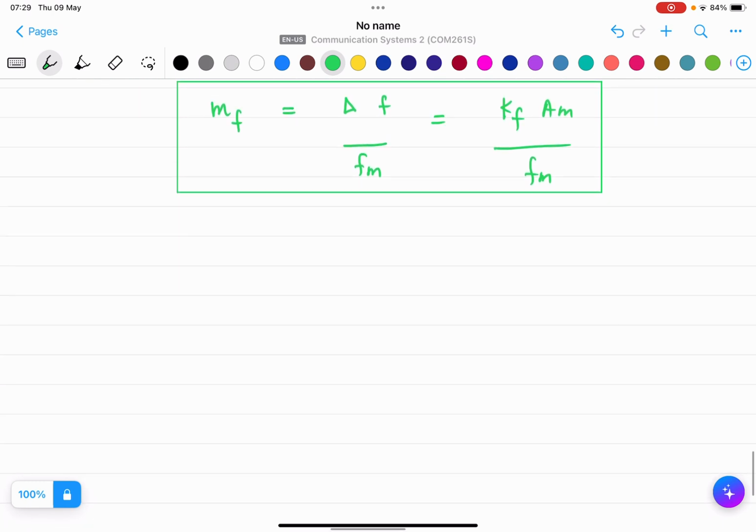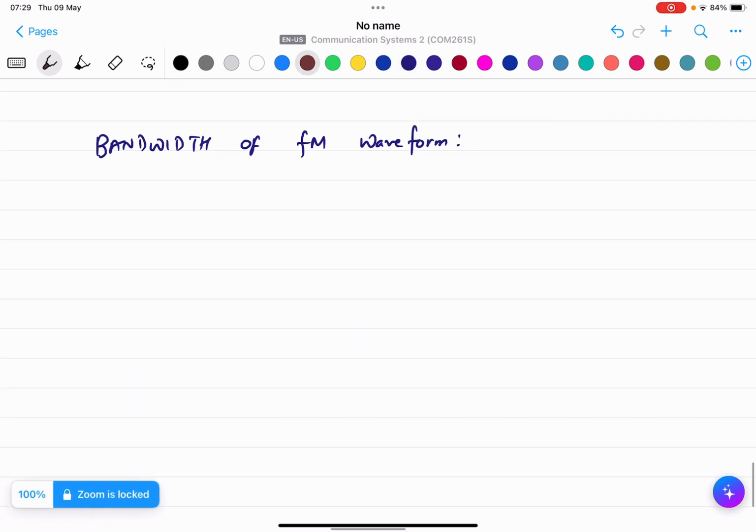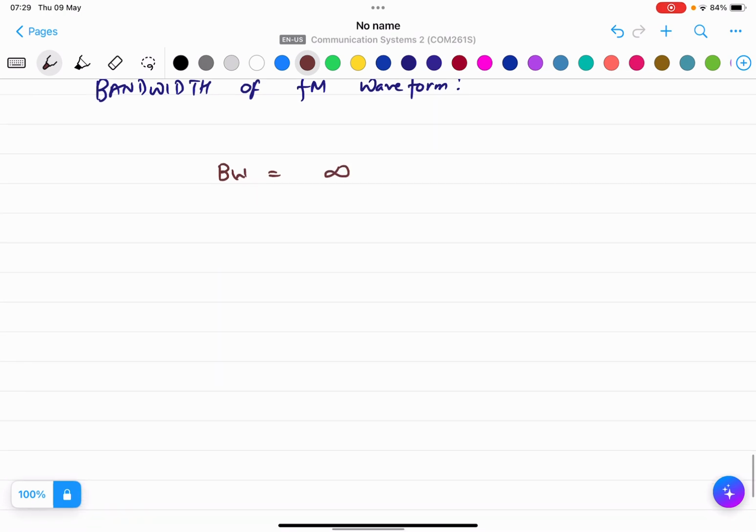Okay, next, what is the formula for the bandwidth of the frequency modulated waveform? Theoretically, bandwidth must be infinite, but practically that is not possible.